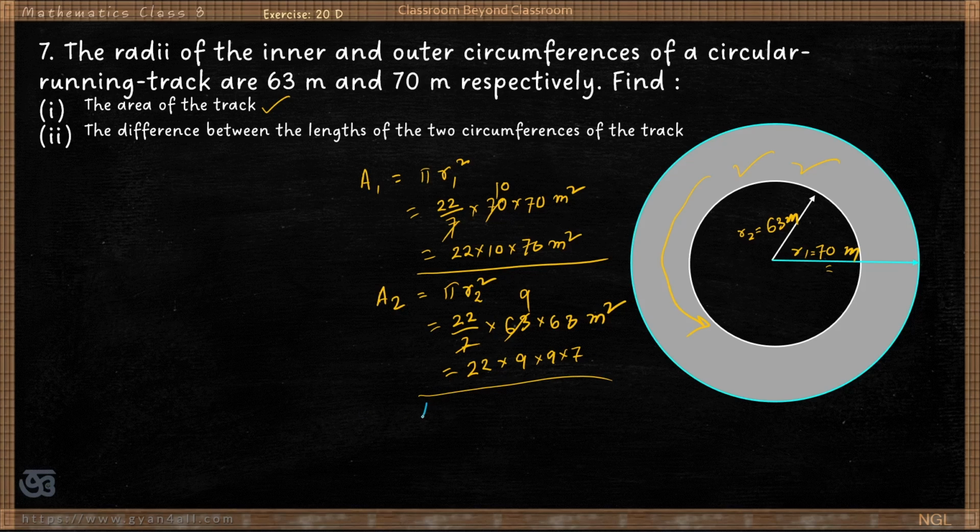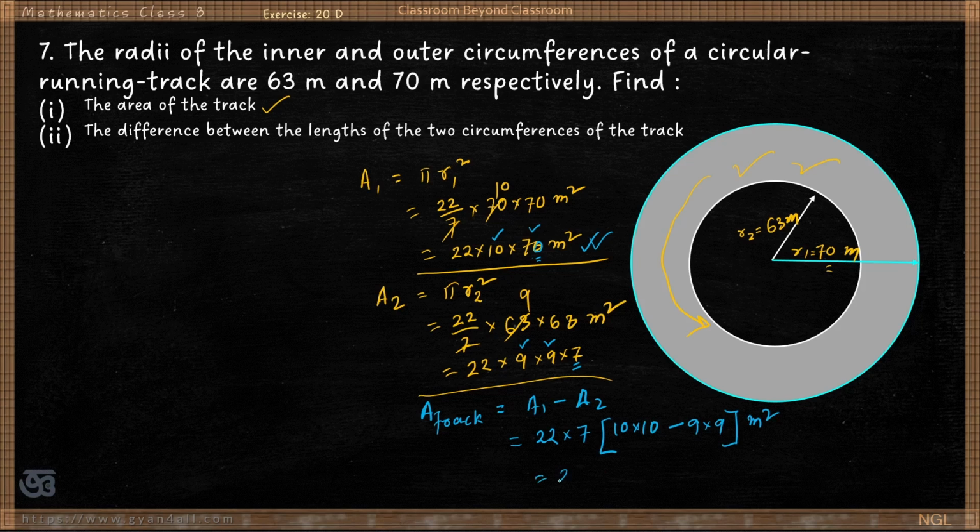So now you find area A of the track is equal to A1 minus A2. So from A1 you can take 22 common, and again you can take this 7 common. From this 70 you can take 7 common, then what will be left? Then 10 into 10, so this is 10 into 10 minus 9 into 9, the unit is meter square.